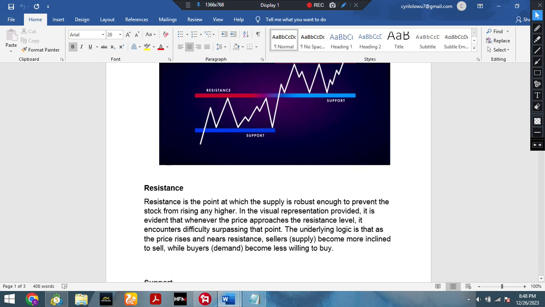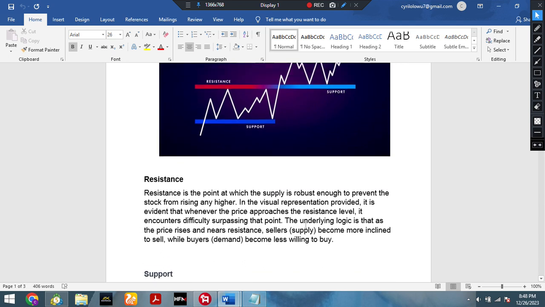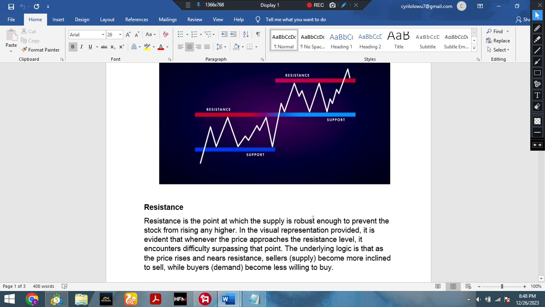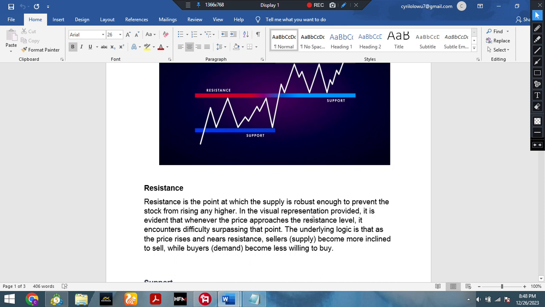Here I have some write up, in case you want to write down anything. Resistance is the point at which the supply is robust enough to prevent the stock from rising any higher. In the visual representation provided, it is evident that whenever the price approaches the resistance level, it encounters difficulty pushing past that point.